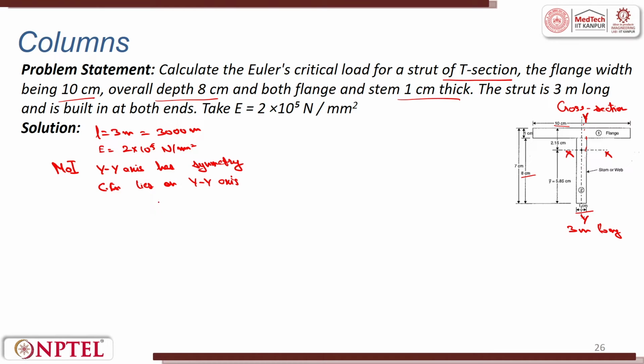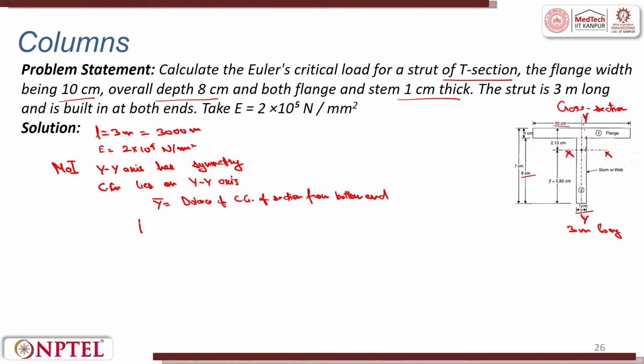So, here y bar is equal to the distance of the CG of the section from the bottom end, right? From the bottom end, the distance of the CG would be y bar.